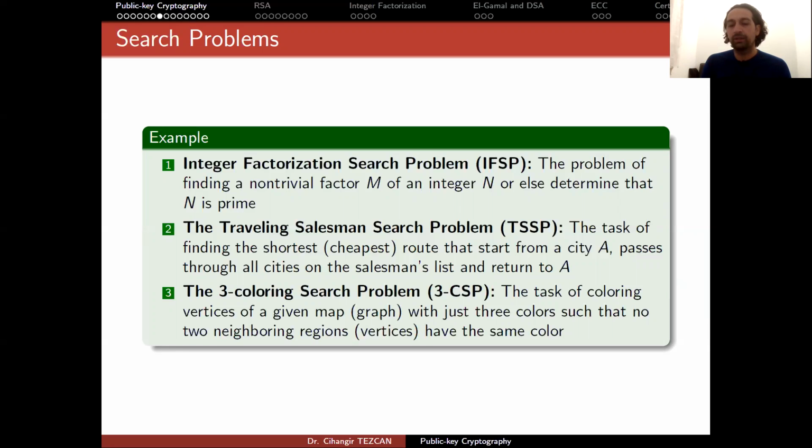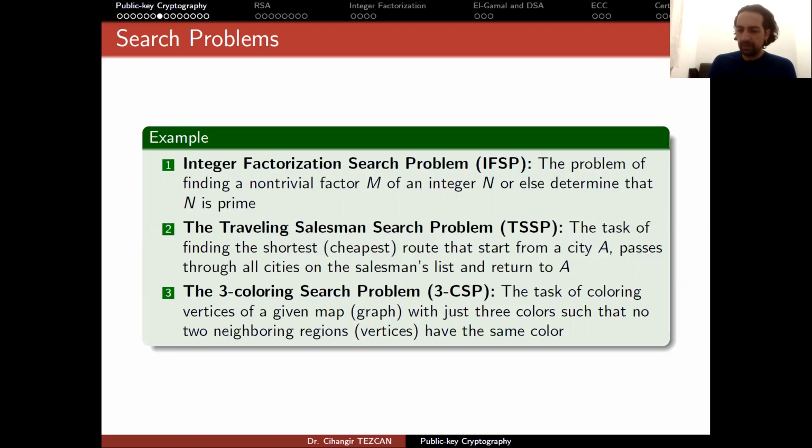So you have to color them with different colors so that it will be easy to see that the neighboring cities are different cities. It is the task of coloring vertices of a given map or a graph with just 3 colors such that no 2 neighboring vertices have the same color.